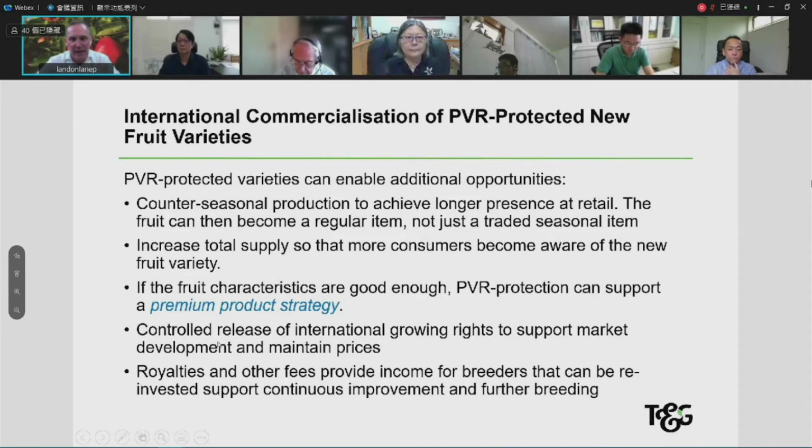And if the variety is owned by a breeder, a research organisation or another breeder, then they can get fees or royalty income from the rights to grow this variety in different countries, which they can then reinvest to continuously improve the product and to support their local growers and other stakeholders. So it's very much a win-win opportunity. Next slide, please.